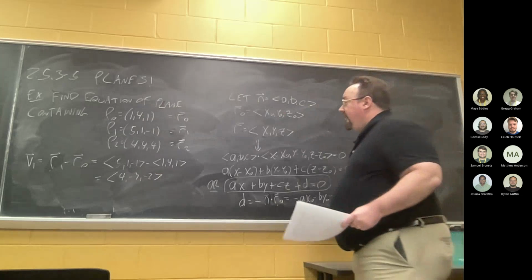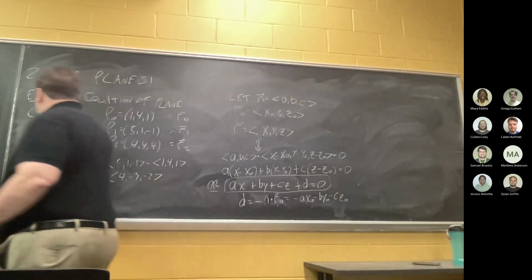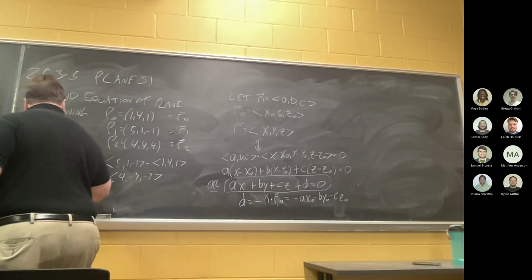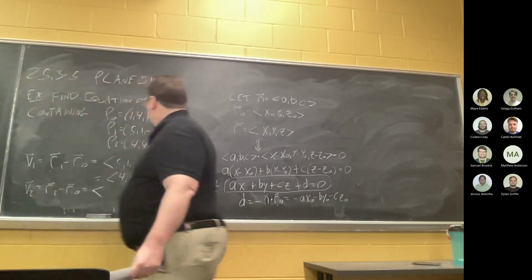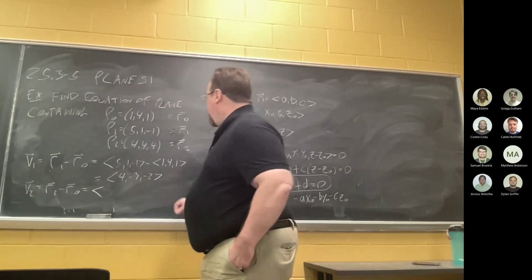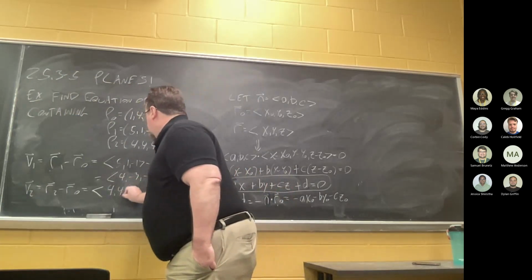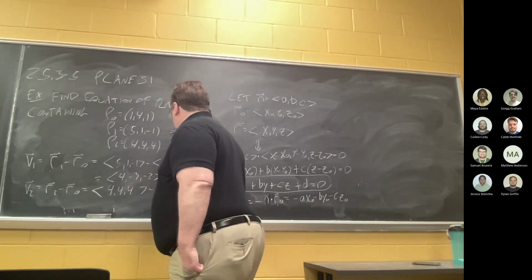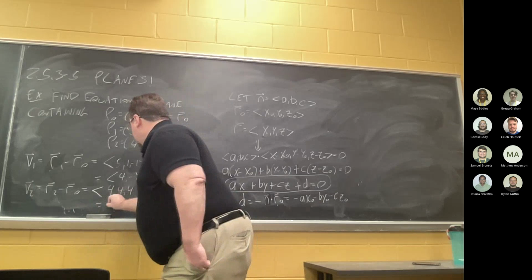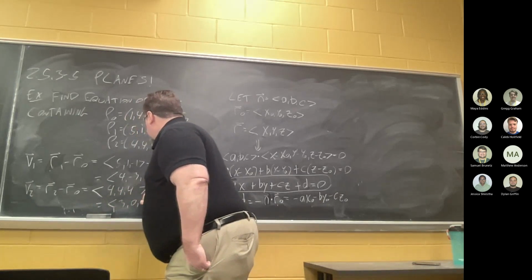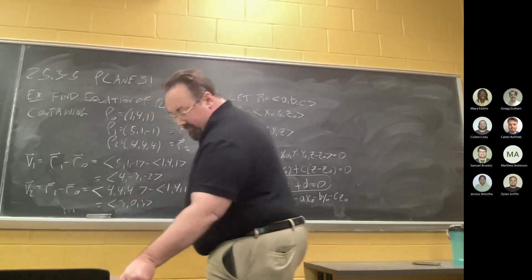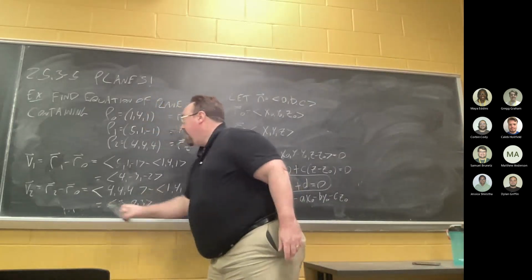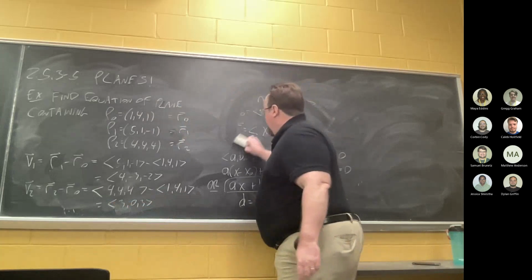So that's one vector that lies in the plane. Then we say V2, that's R2 minus R0. So we subtract these 2. Get 3, 0, 3.